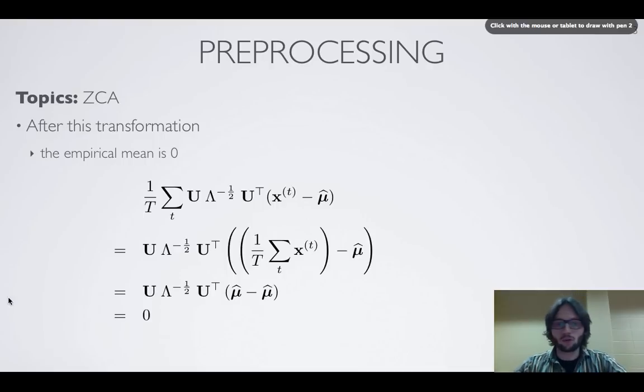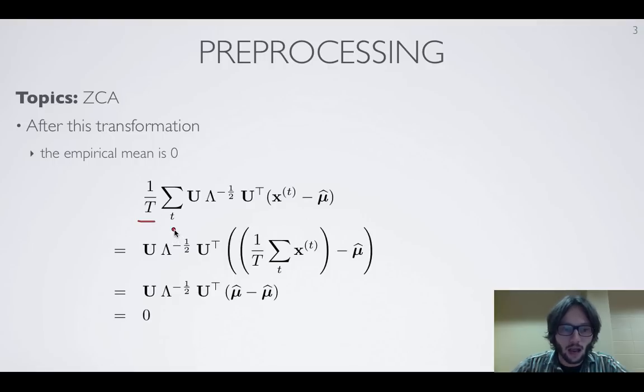First with the empirical mean. If we take the empirical mean of our preprocessed data, it means we take 1 over T times the sum over all of our training data of the transformed data, so x_t minus the empirical mean, multiplied by the transformation matrix. Because this matrix does not depend on t, and nor does the empirical mean, I can put the sum right inside here.